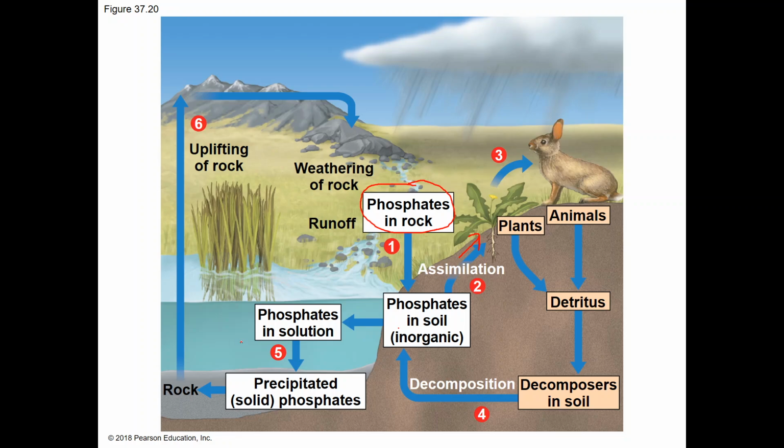So the phosphates in the water could be available to primary producers in the water column, but what settles out is no longer available to the cycle. There are some geologic processes, things like tectonic shift and volcanic activity, that could uplift that rock and re-expose it to a weathering process. But this process of phosphates becoming re-available from settled rock happens over millions of years.